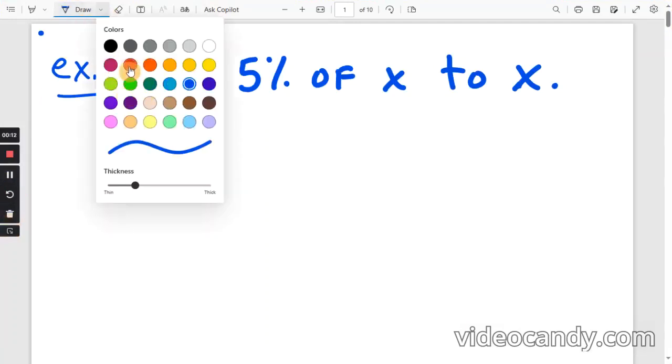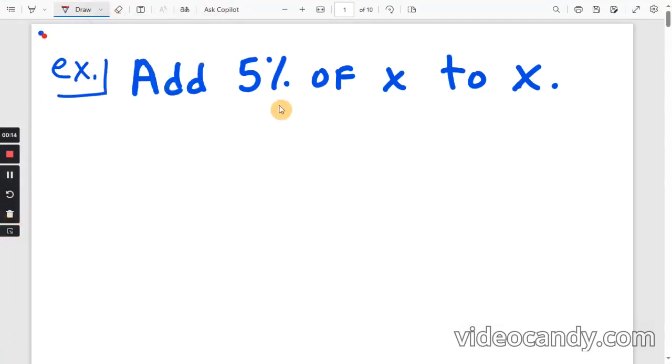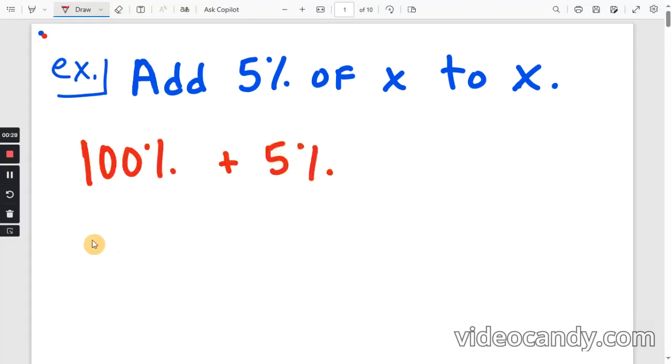Okay, so for example, let's say you want to add 5% of a number x to the number x. Well, basically, you start with 100% of x, and you want to add 5% of x. So in terms of a decimal, if you want to add the percentages, you could say it equals 105%.